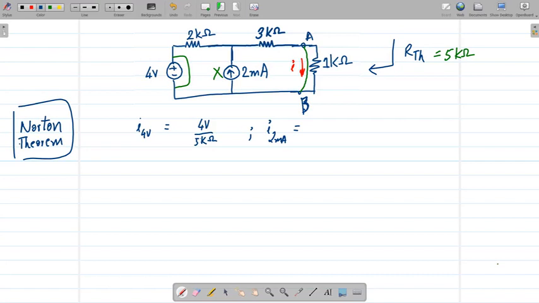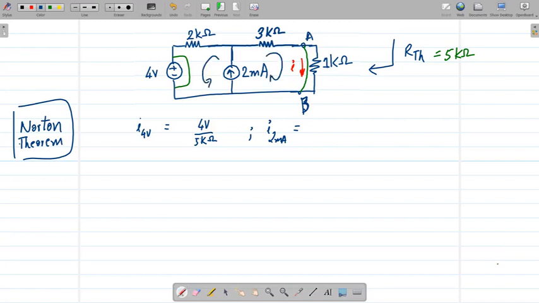So I have the current source enabled, voltage source short circuited, the terminal A and B short circuited. So again, there are two paths for current, going this way and going this way.